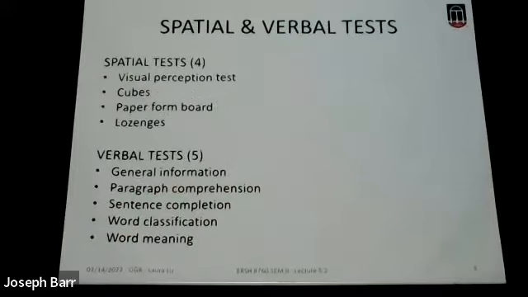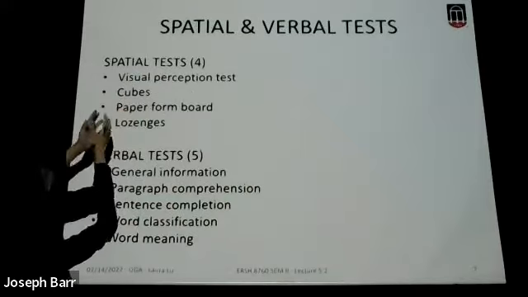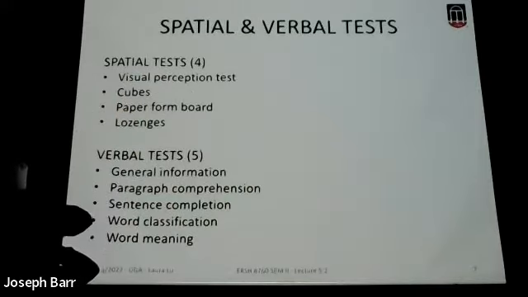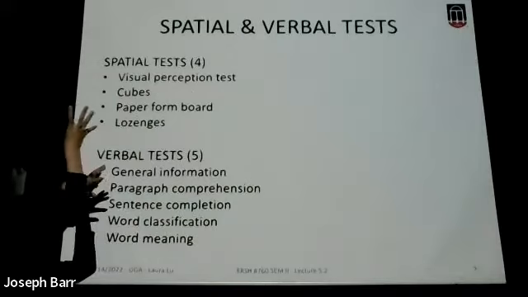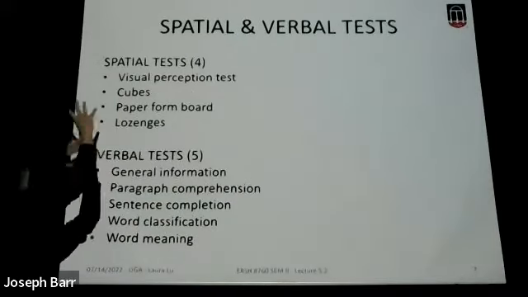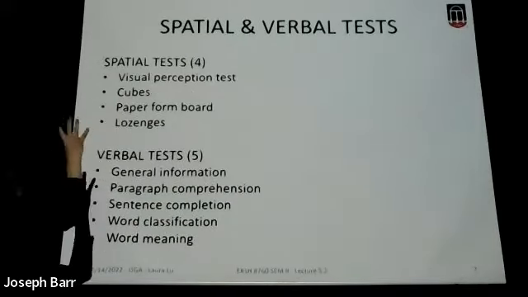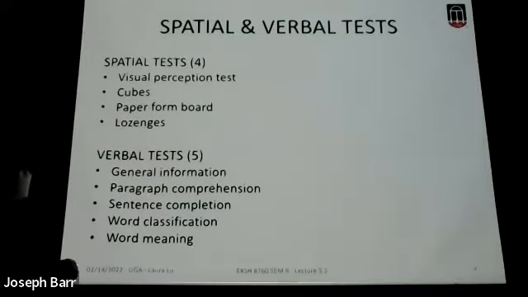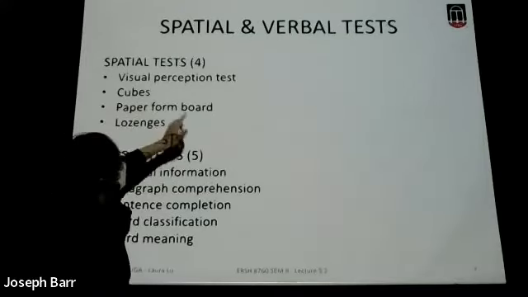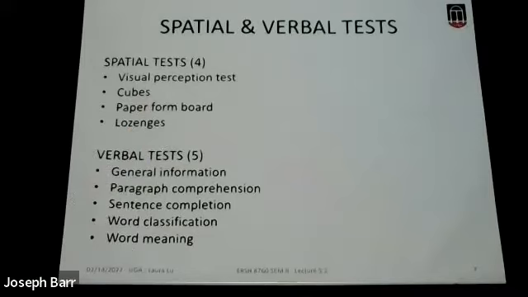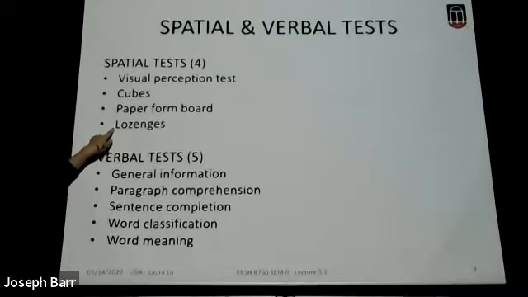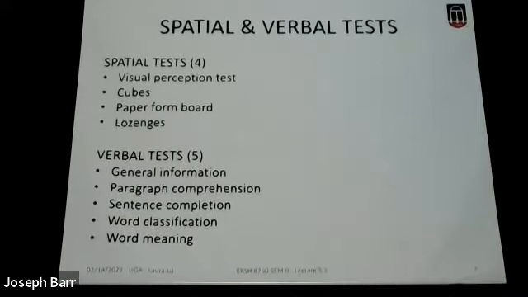So let's look at those tests. Spatial tests are one cognitive ability we want to measure from the students, and they have 4 subtests: visual perception, cubes, paper form board, and lozenges.